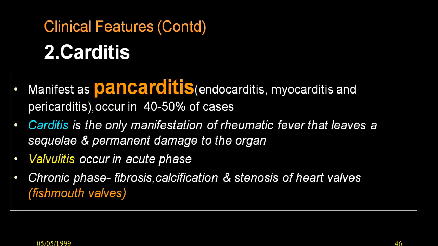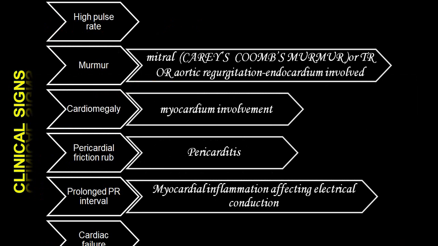It will usually be with MS. But in the acute phase, you can have MR. So the murmur will be described as a Carey Coombs murmur. Rarely you come across a TR murmur or aortic regurgitation murmur in the acute phase.